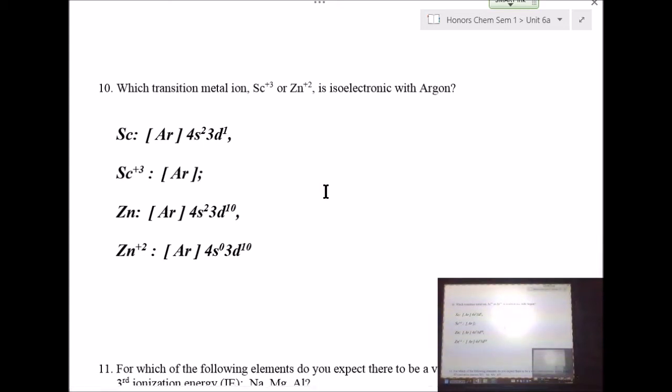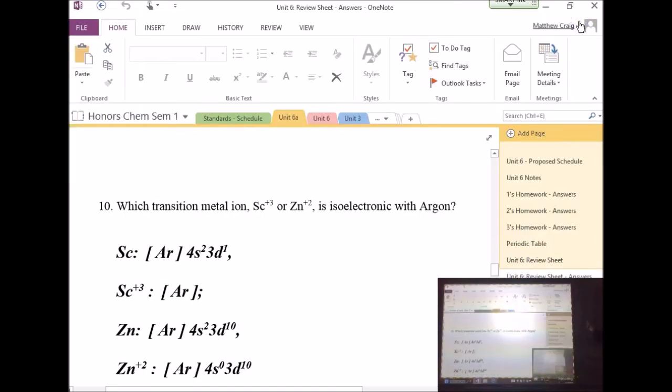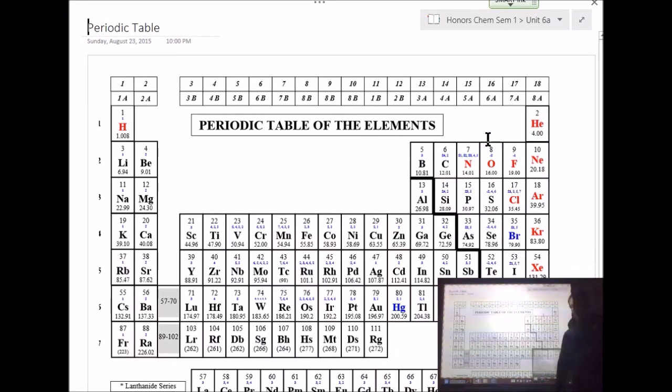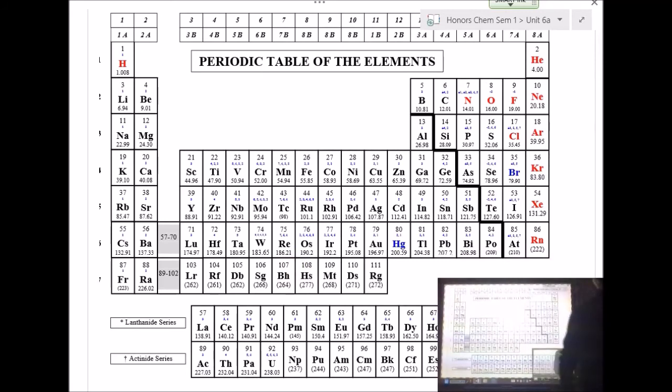Which transition metal, scandium with a +3 or zinc with a +2, is isoelectronic with argon? Now, what the heck does isoelectronic mean again? Same number of electrons. That's it. Okay. So again, isoelectronic means you have the same number of electrons and or same electron configuration.